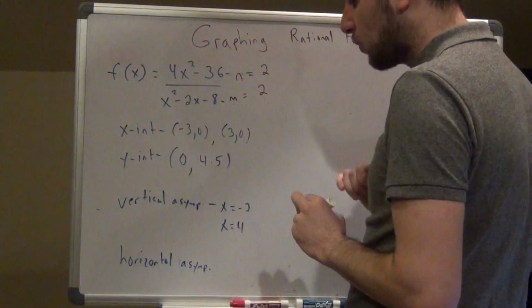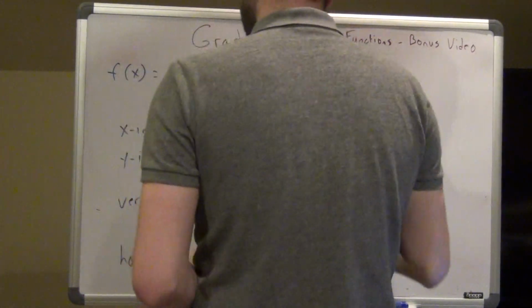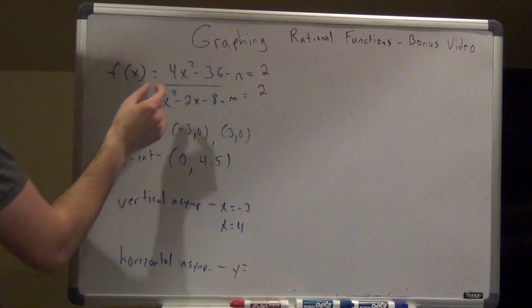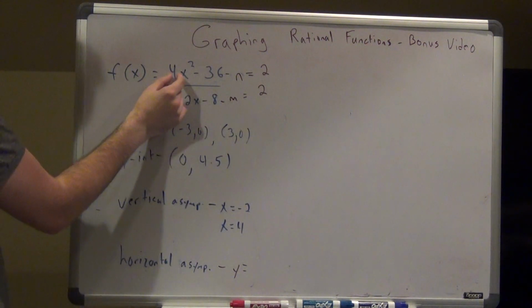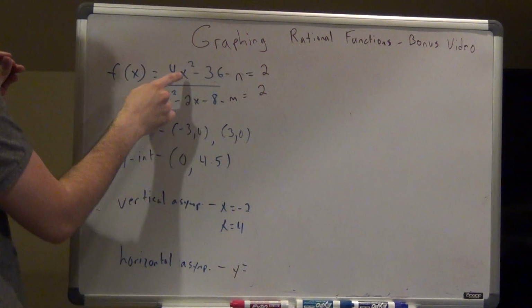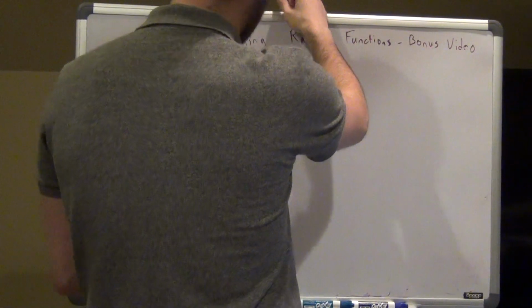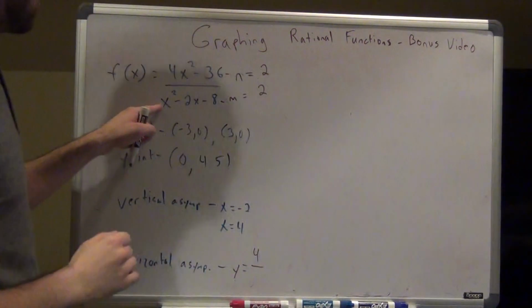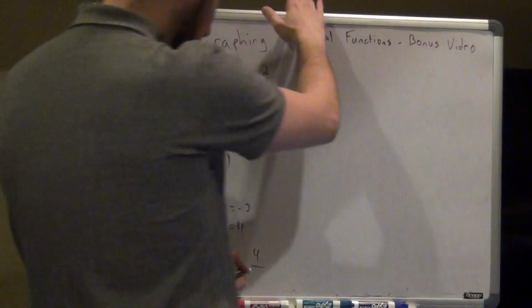Oh, look, they're equal. So my asymptote is going to be the line y equals, well, the number next to the highest power of x on the top is 4. So it's going to be 4 over, and the number next to the highest power of x on the bottom is 1.